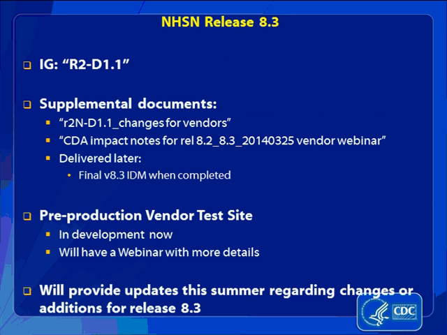Again, hopefully before Release 8.3, we'll have the pre-production vendor test site that you can use to get a little bit ahead of the game compared to what you've been able to do in the past, and we'll do a webinar about that later this year. And we'll continue to keep you updated as the year moves along. This is only the end of March, and we have 8 or 9 months of time to update you about anything that changes with this release.